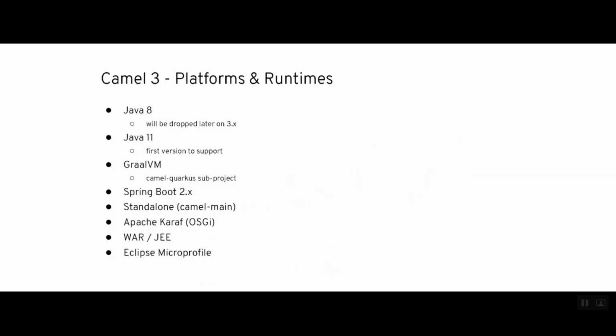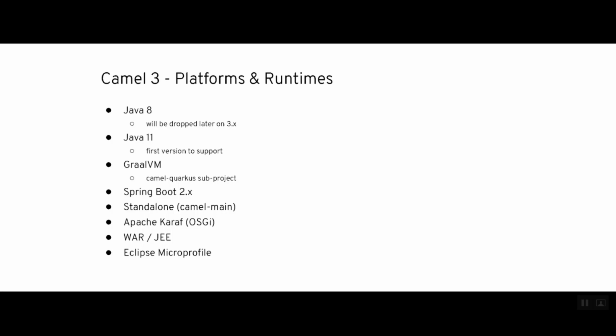Camel 3 platform runtimes. Java 8 is supported, and sometime in the future we will probably drop Java 8. Java 11 is supported from the first version. GraalVM support is there through the Camel Quarkus subproject.